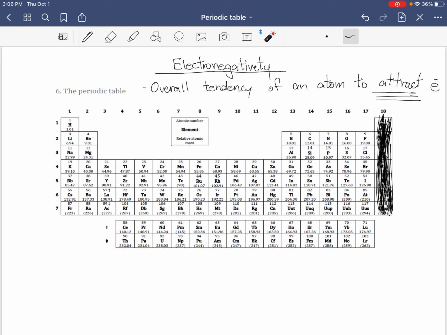So here's something to memorize. Fluorine is the most electronegative element of them all. You just need to memorize that. There are no atoms who would love electrons more than fluorine.